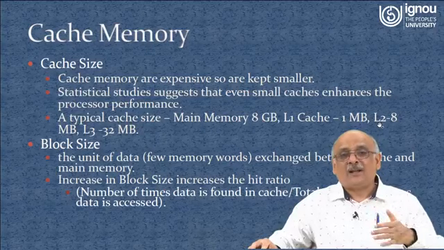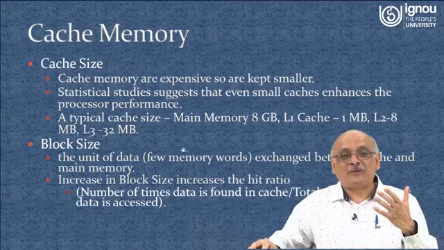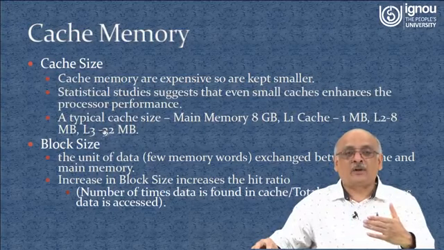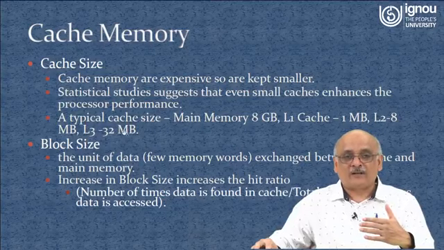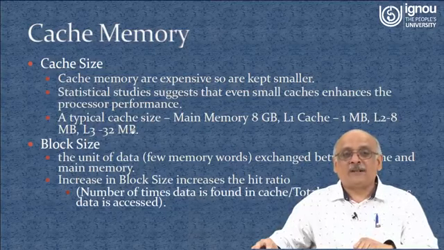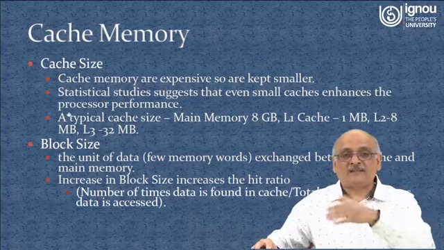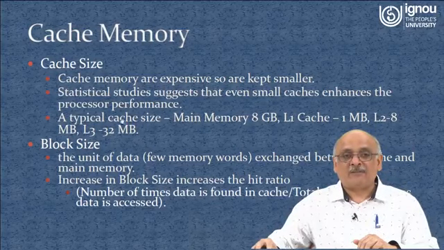Now processors have ultra large scale integration, so a few caches have been built into them, and L3 is normally an onboard cache, meaning on your motherboard. Main memory is also onboard; the RAM chips are there, the SIMMs or DIMMs which you use. So this RAM is going to be around 8 GB or so.